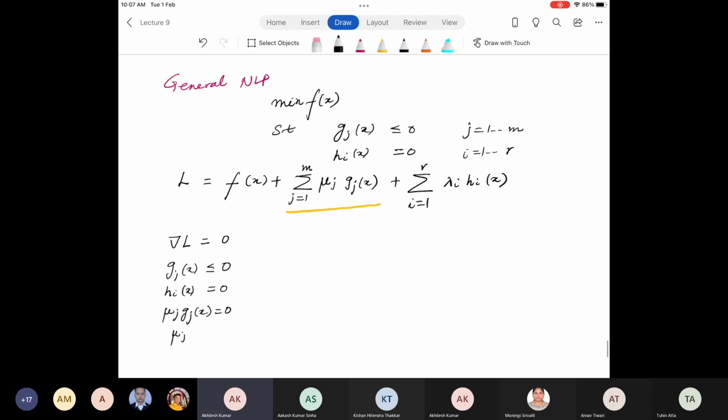Mu j should be greater than or equal to 0 and lambda is unrestricted. Together they are called KKT conditions, and the points which you get are called KKT points. KKT conditions, KKT points, they give you candidates for local minima.